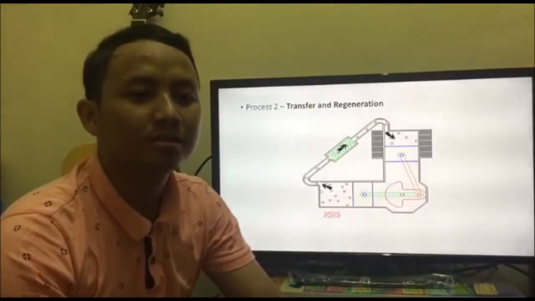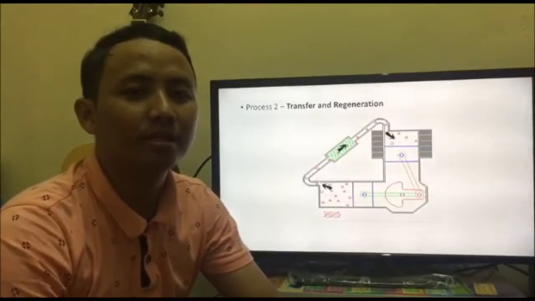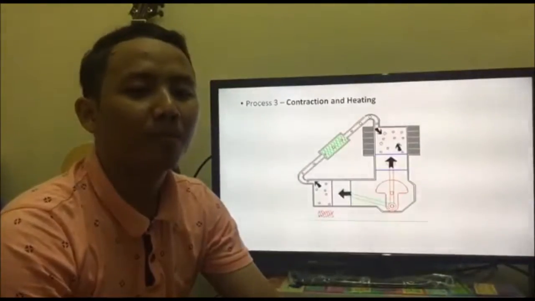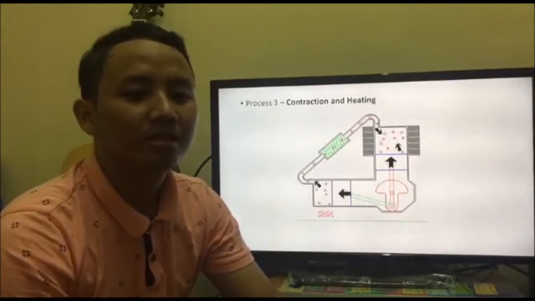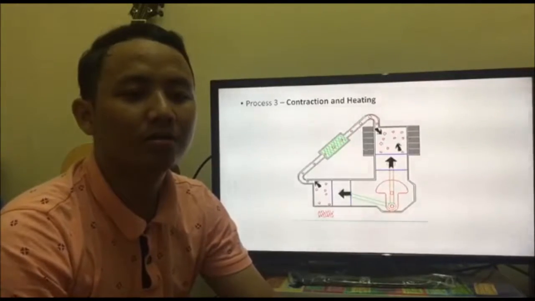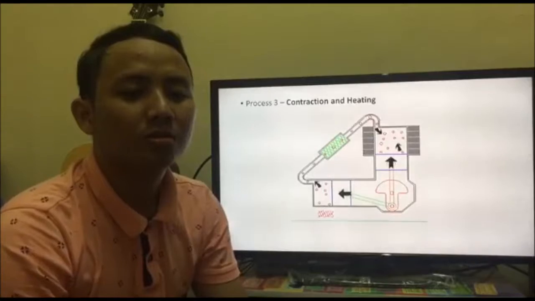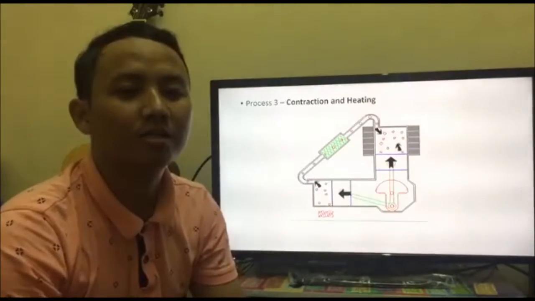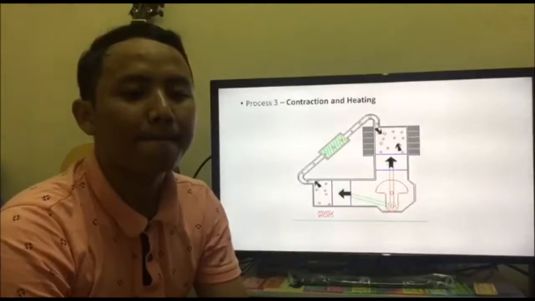The third process is heating and expansion. Most of the gas is heated by the fire or another source. So its pressure rises and it expands and absorbs the energy.